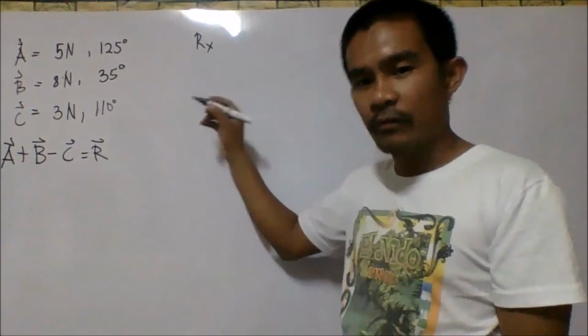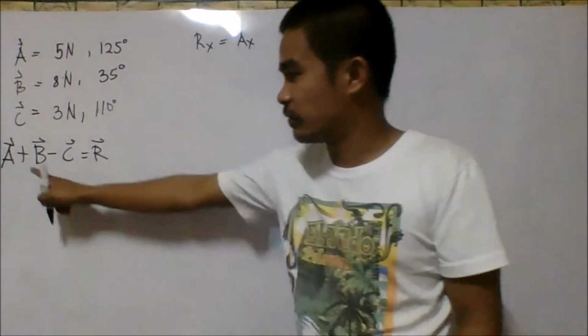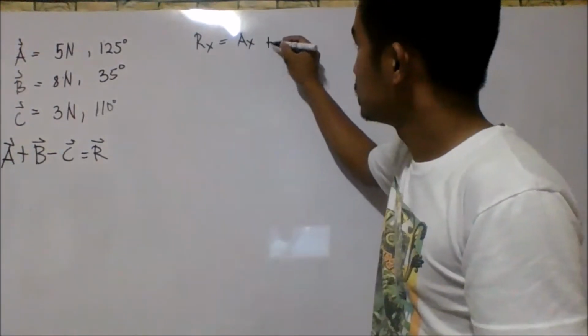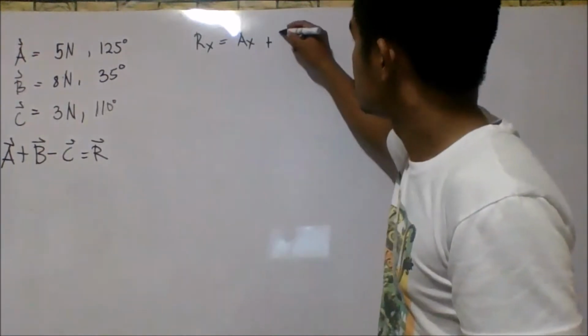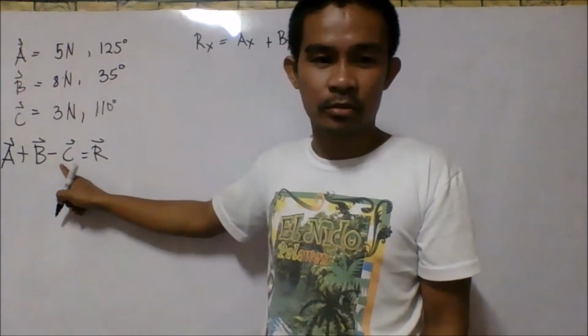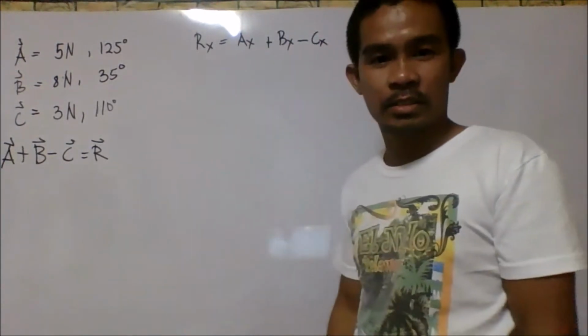So we have here R of x is A of x, so that's the first vector, vector A, plus, since that's plus vector B, B of x. Since this is minus vector C, then we have minus C of x.